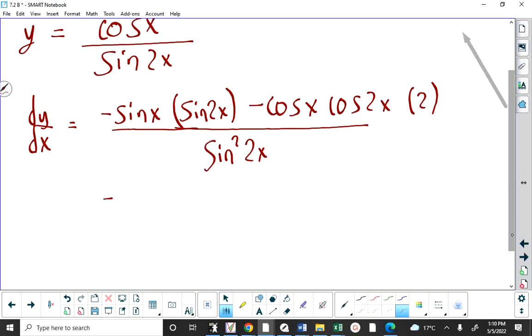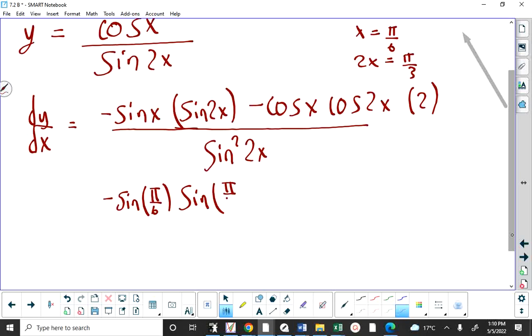So this is negative, well, I'll write it out. Negative sine of pi over 6 times sine of, I am just going to say to you that I'm not going to write 2 times pi over 6 every time there's a 2x. If x is pi over 6, 2 times pi over 6 is pi over 3.